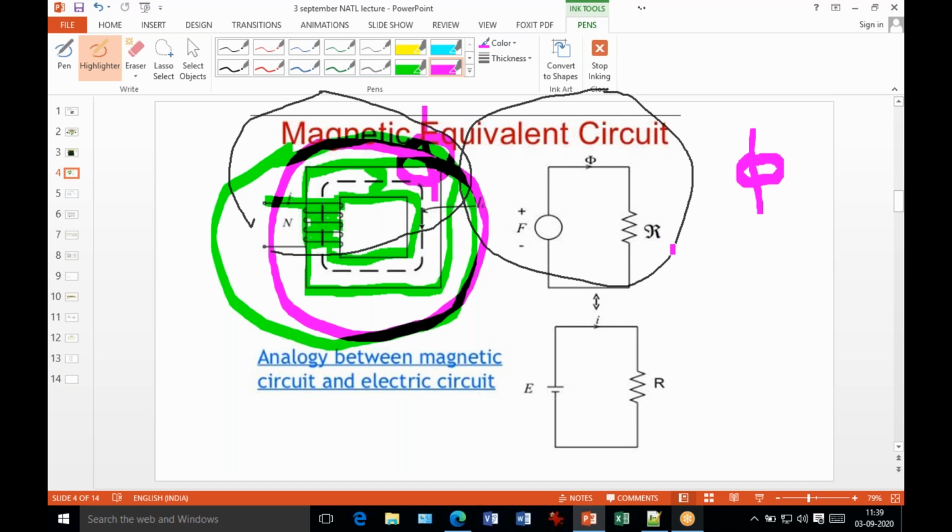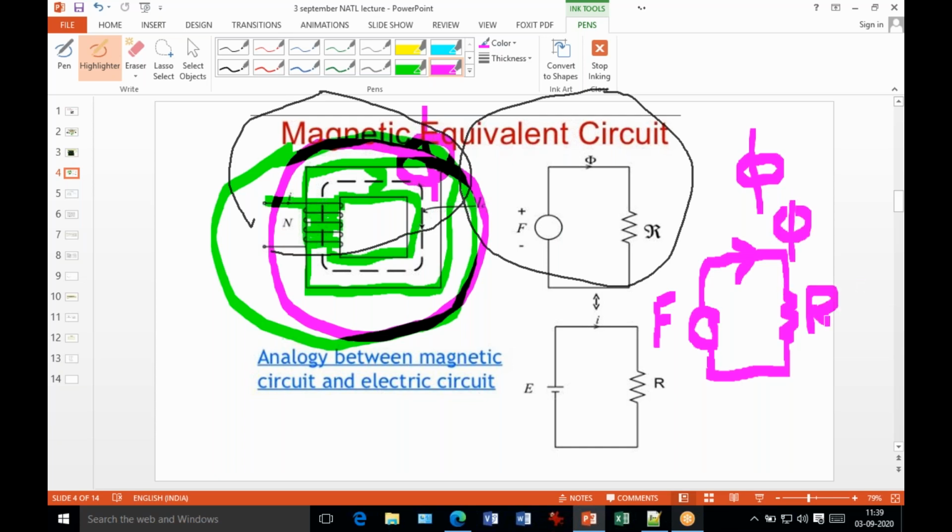It is very simple. Just draw one resistor and one supply. The supply is not V voltage, because here the magnetomotive force is available, so that is F. If a magnetomotive force is available in my magnetic circuit, the flux is generated.